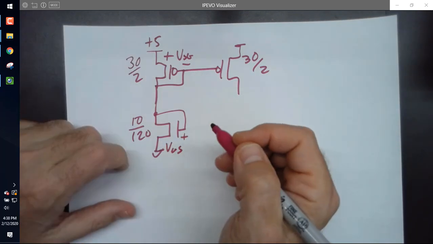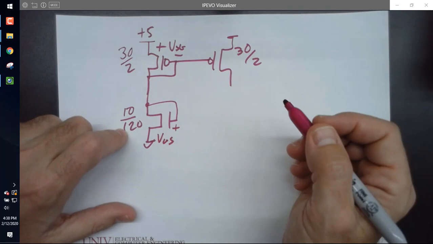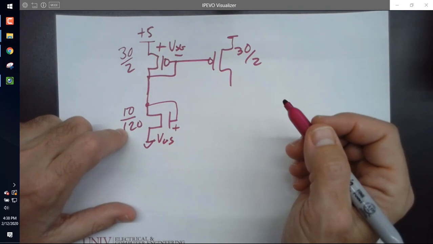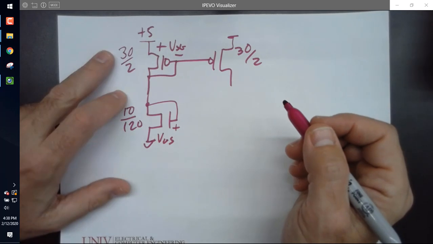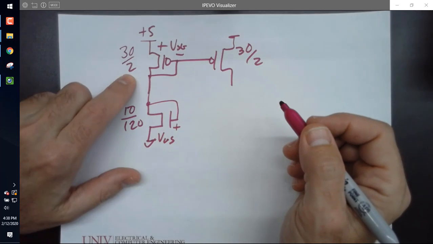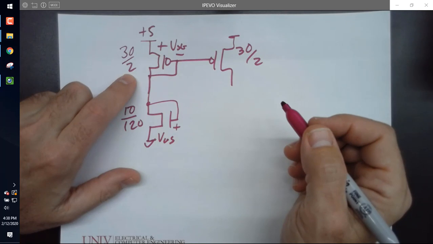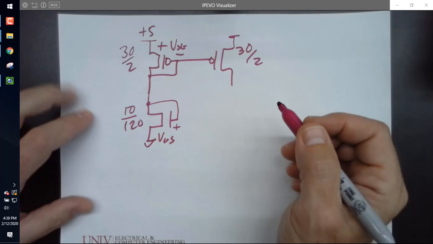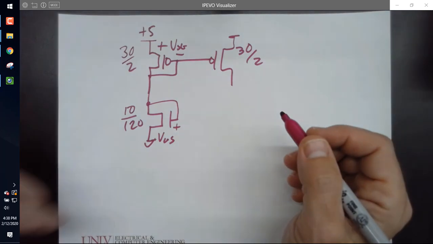Those two, the PMOS and the NMOS, have to have the same current. They do. So you can set their currents equal. The square law. Okay. All right, we'll do it that way. I was going to think of a different way, so tell me how to do that.